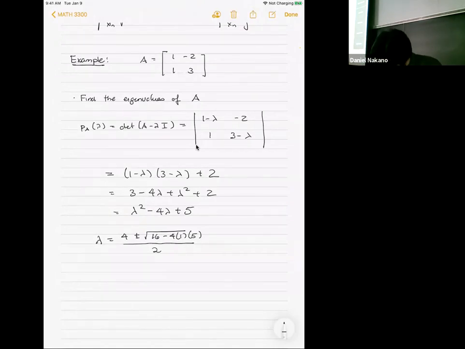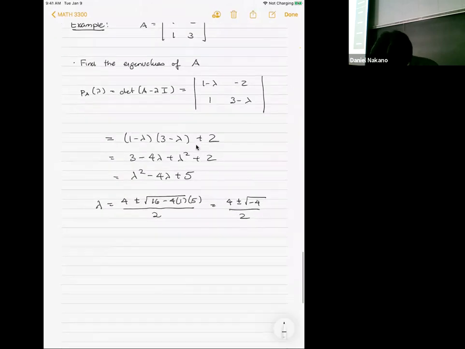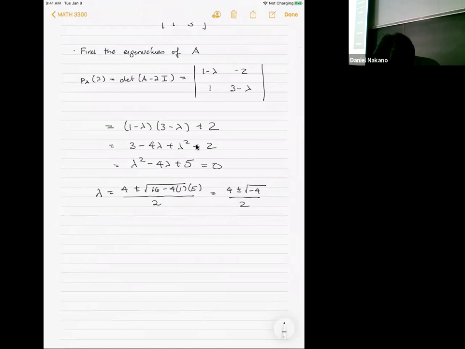All right, so now let me clean this up a little bit. 4 plus or minus the square root of 16 minus 20, that's minus 4, all over 2. Now I want to find out what the roots are.